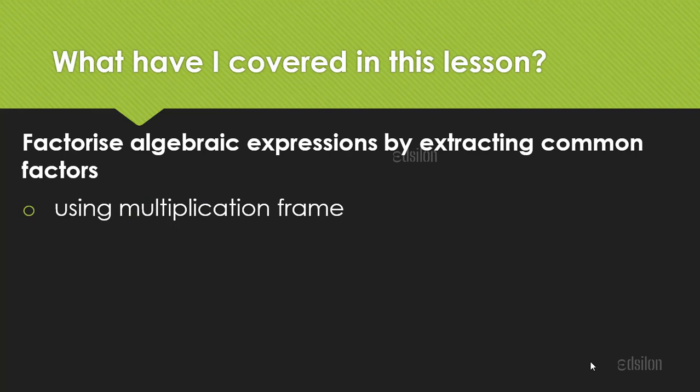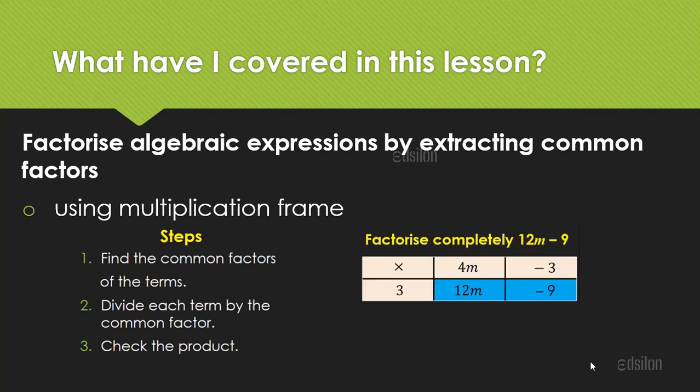In this lesson, you learn to factorize algebraic expressions by extracting common factors using the multiplication frame method. Let's go over the steps again. First, we find the common factors of the terms in the given algebraic expression. In the example, 12m minus 9, the common factor is 3.